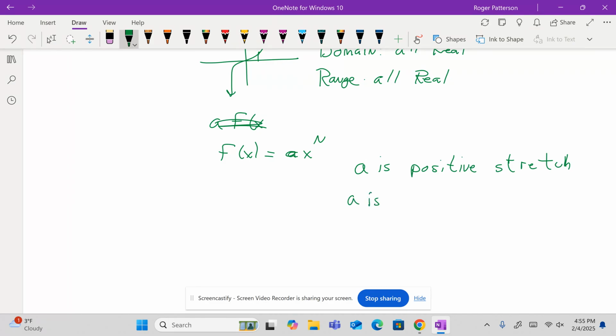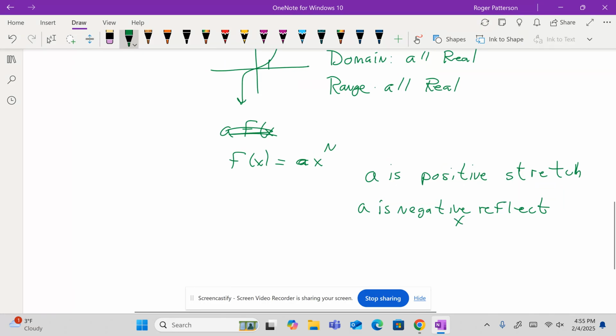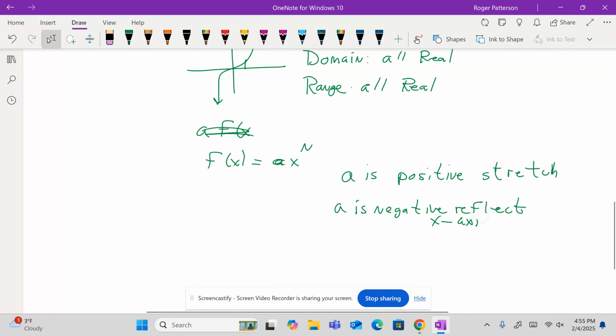A is negative, reflect over x-axis. So make sure you get that because you can use it tomorrow. Tomorrow you'll finish the back of that one assignment, and then work on this one, and then we'll see where you're at when I come back on Thursday.